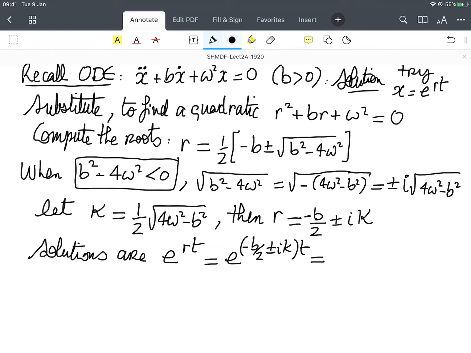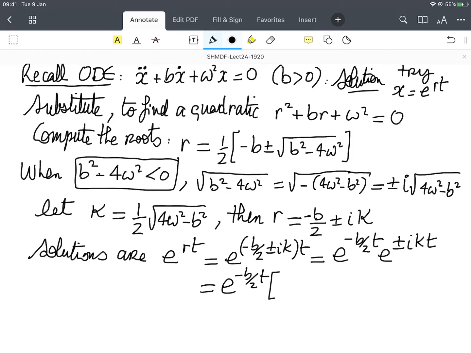And then exponential of a plus b is exponential a times exponential b, so I can expand it as follows. But here I have an exponential of a real term, so I keep that, times exponential of a purely imaginary term.